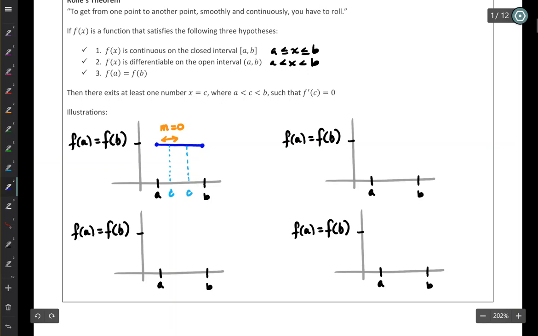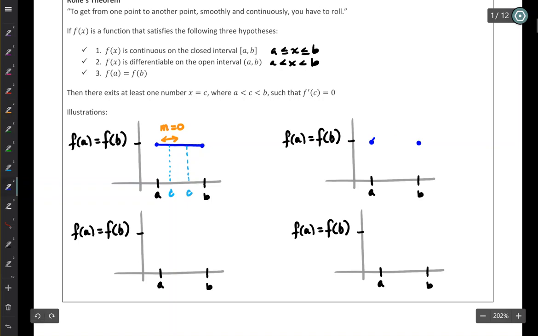Maybe the function sends a and b to the same y values, and maybe this function is increasing initially. Well, since it's nice and smooth and continuous, it's got to eventually start decreasing. The smoothness matters here because if we had a sharp corner, the derivative doesn't exist here.